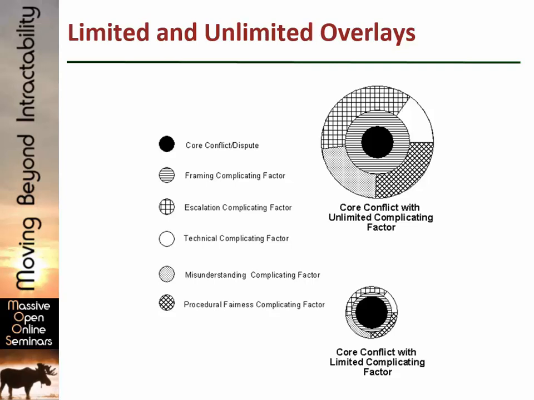Haven't made them go away entirely, you seldom can. But if you limit them, then you can make it easier to get down to the core. And if you can get down to the core, then you stand a chance of successfully dealing with it. We will have a whole lot more videos about how to limit the overlay issues and how to deal with the core once you get there in the future.